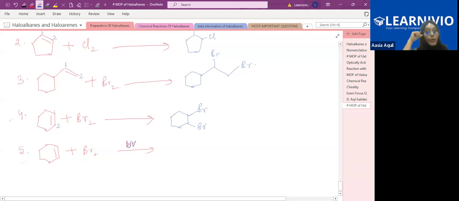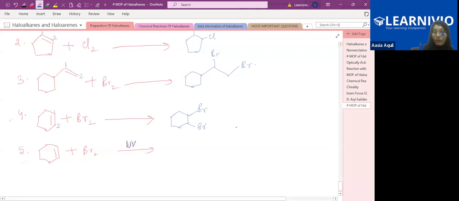Just think about this UV. Here I have added the UV radiation. So bromination in the presence of light, UV light, will follow free radical halogenation, right?